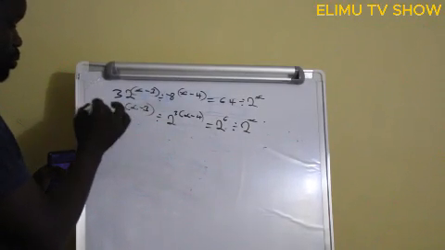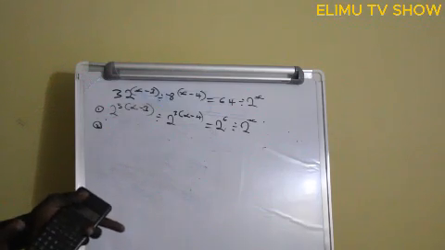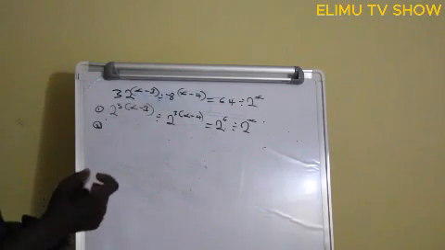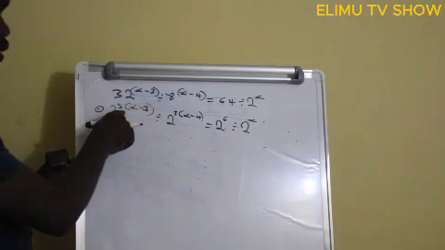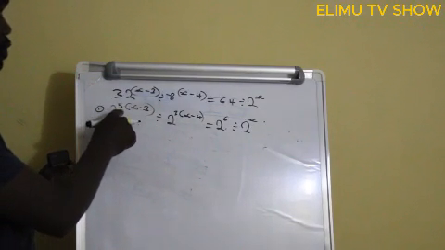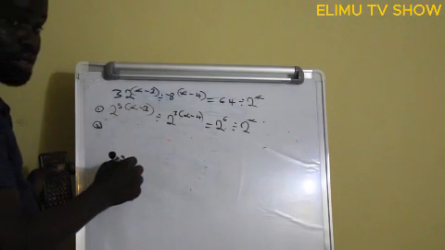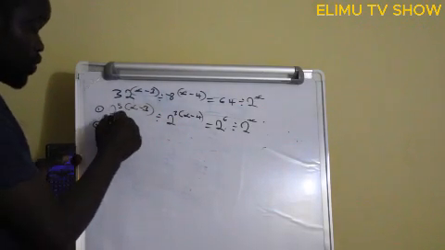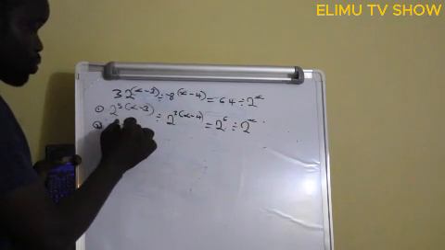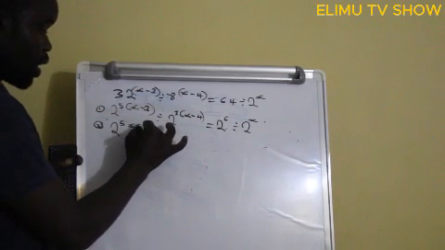Second step, we are going to make sure that we open the bracket where possible. If you look at base 2, it has 5 into bracket x minus 3. This one is the same as 2 power 5x minus 15.